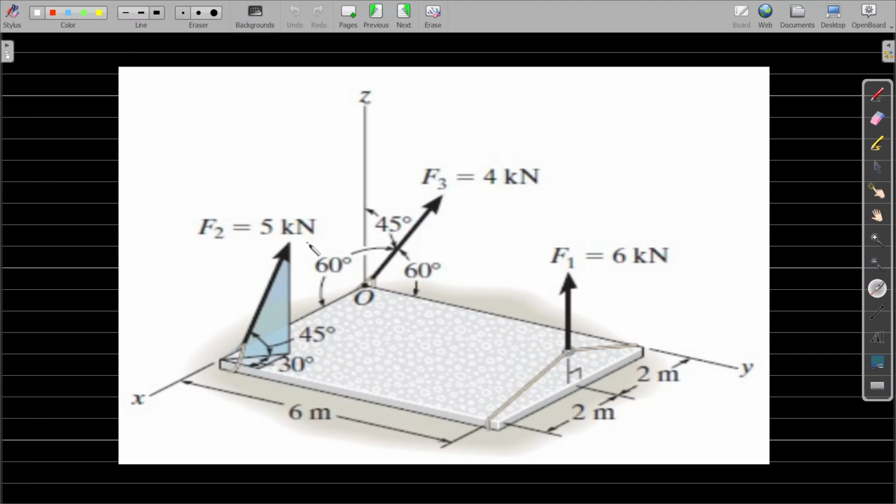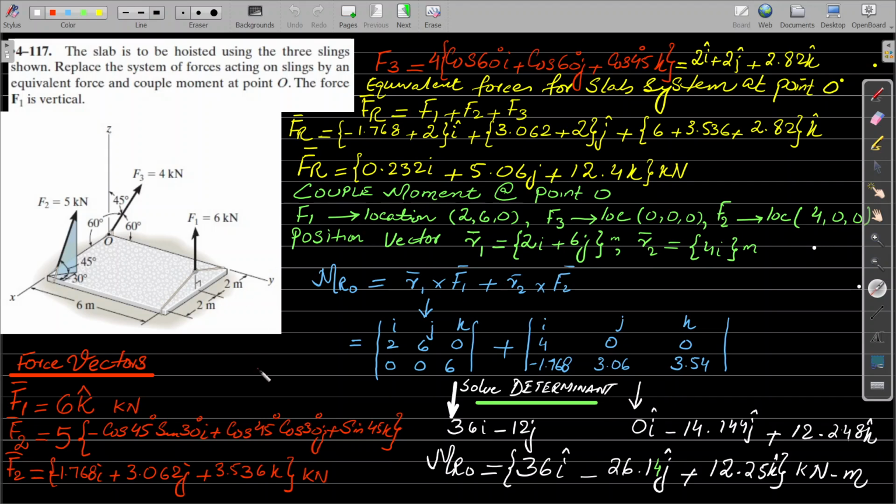So this is very clear. If you go here, you can see that one of the components for F2 is 5 sine 45 k.